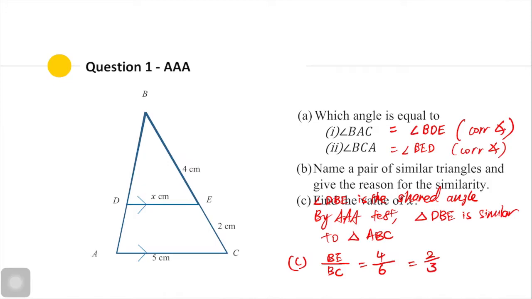So this question is actually exactly the same as the previous question, except that I make the triangle overlap. So over here, BE over BC should have the same ratio as DE over AC, which is equal to x over 5. So again, my x is equal to 3 1/3 if you do your cross multiplication.